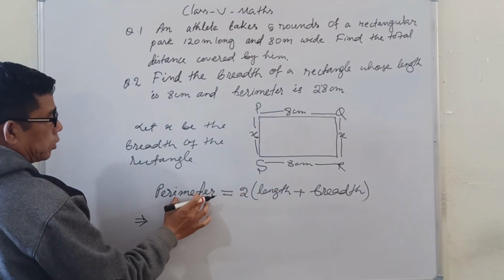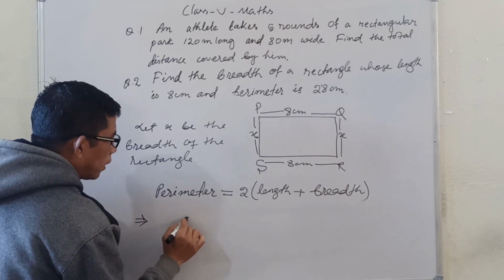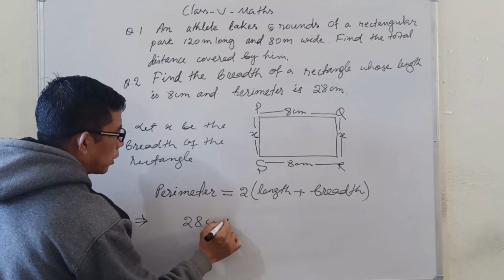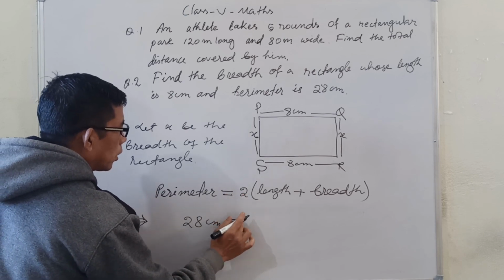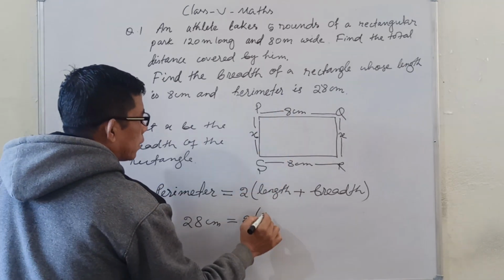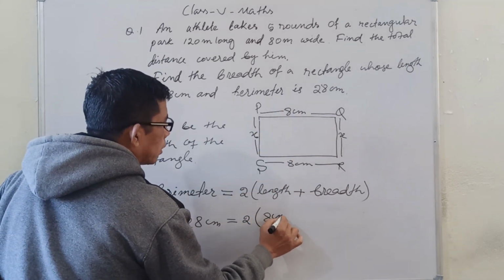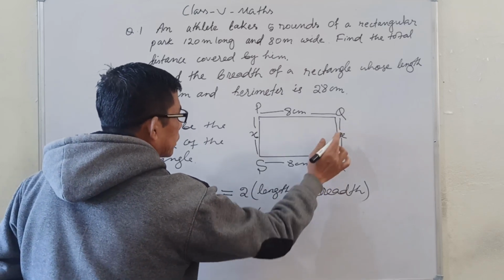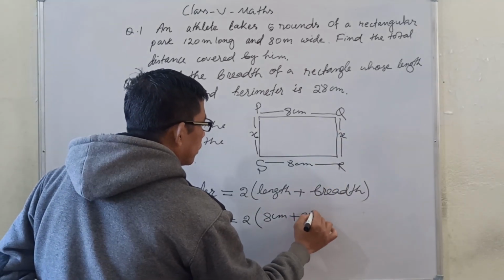So in place of perimeter, we can write here 28 centimeter. Then this equal to will come down here, 2 will come here, and length 8 centimeter. This plus will come here, and breadth we have taken X. So X will be here.